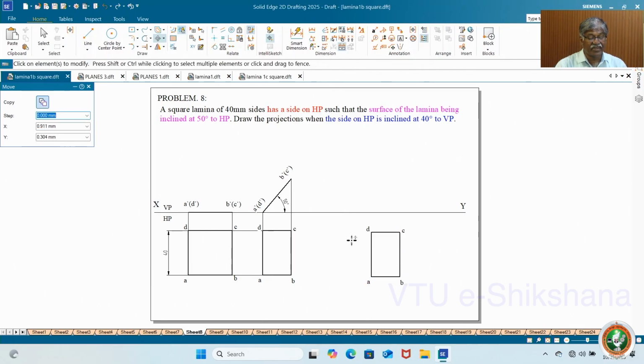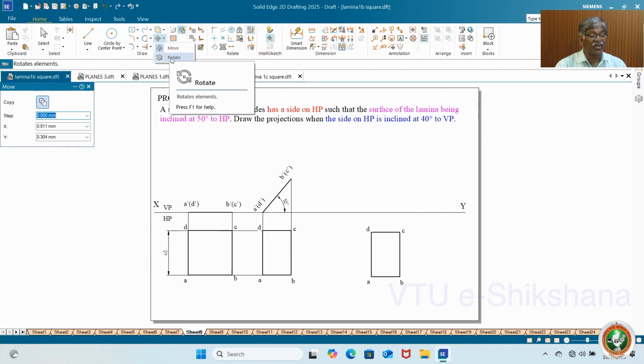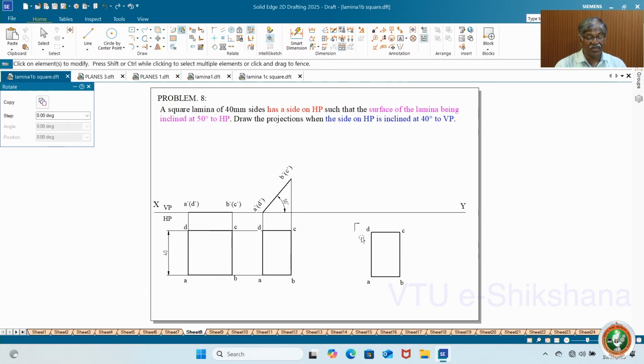Next, you rotate this. How to rotate? Again, take the rotate command. You need not draw 30 degrees first and all; directly you can take 40 degrees. Sometimes it leads to confusion. See, this is the corner about which I am rotating. Take D towards the XY line.